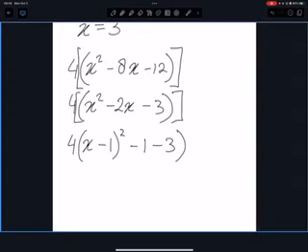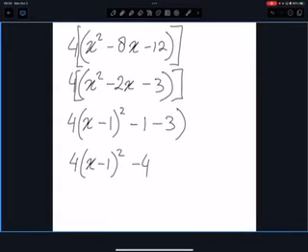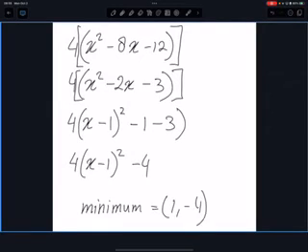So the minus 1, minus 3 is minus 4. So my minimum is 1, minus 4. Let's go. 1 and minus 4. No, only here, only in the bracket.